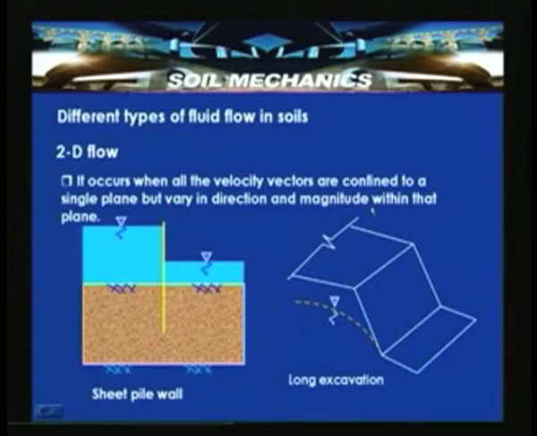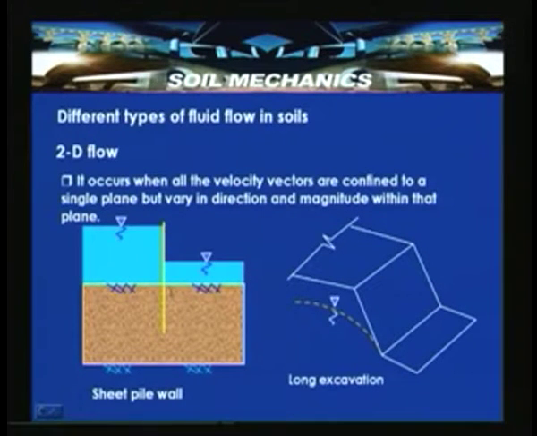Two dimensional flow occurs when all the velocity vectors are confined to a single plane, but vary in direction and magnitude within that plane. Here, consider a flow adjacent to a sheet pile wall. Generally, we place sheet pile walls to retain water at one end, and water flows from higher head to lower head, that is, from the upstream end to the downstream end.